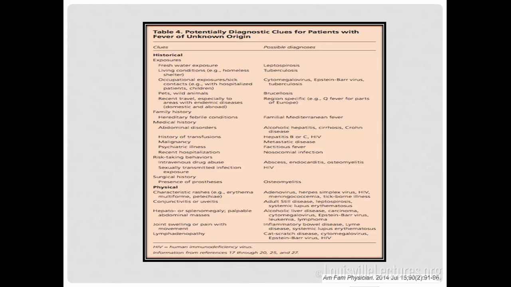Of course, crowded living conditions, homelessness as well, or living in a shelter should point you to TB, obviously depending on additional symptoms. So this is just a quick list of things that should prompt you to think of certain things. History of transfusions before the 1980s, you think Hep B, C, HIV.